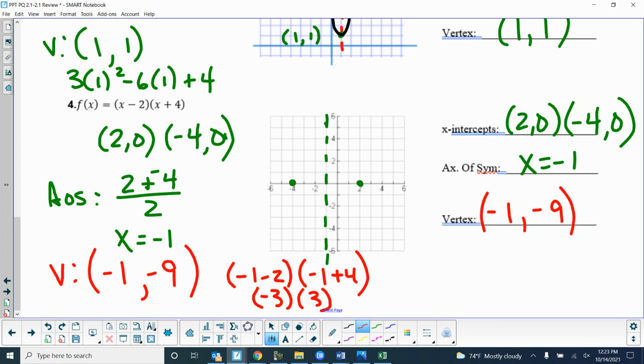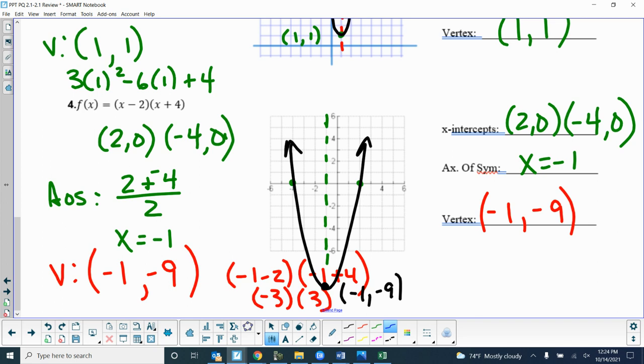So I kind of got in the way there, but I'll make it black so you can see it. It's going to be down here somewhere, right? So negative 1, negative 9. So here's my parabola.